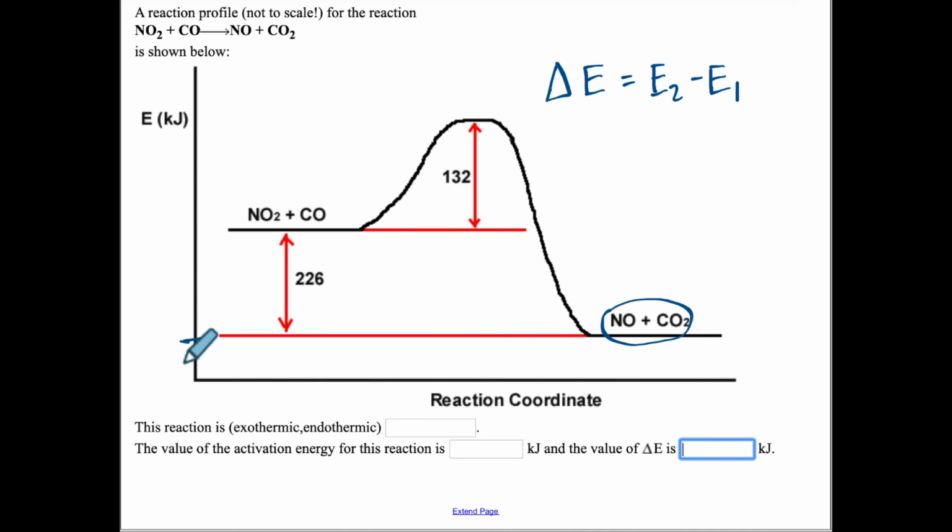If we call this 0 and this 226, the E2 is the products, they have an energy of 0, minus the E1, the reactants, so we end up with a delta E of negative 226. So that's what we would put in here.